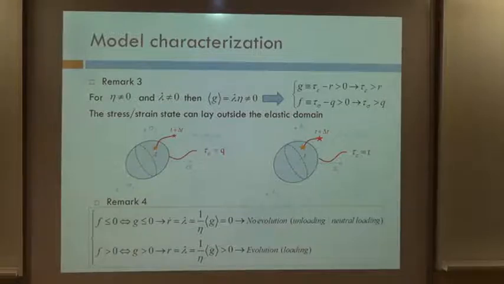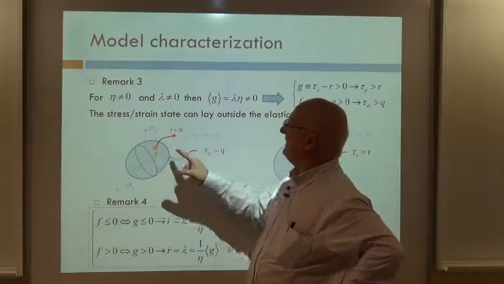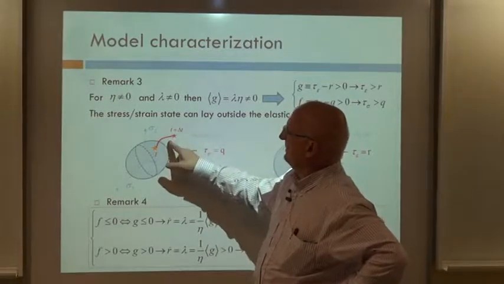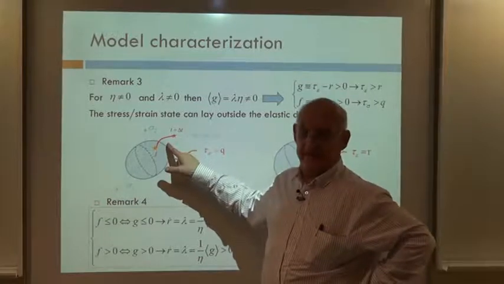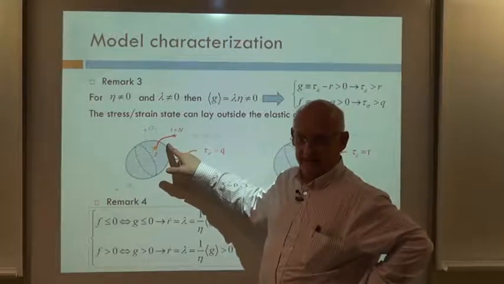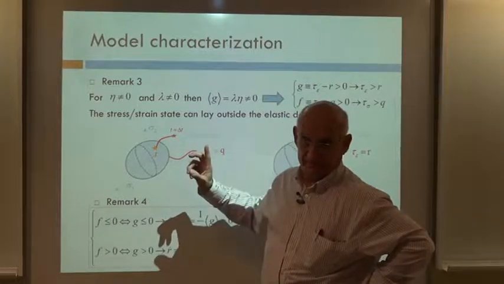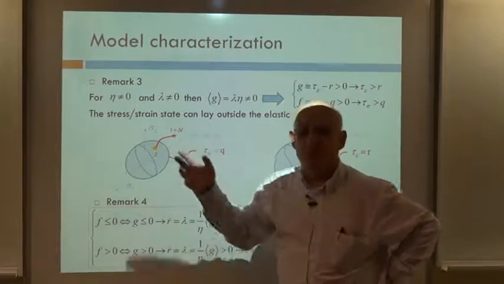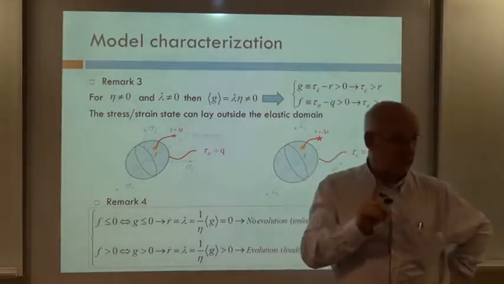That's important. For instance, look, in the implicit case, we said that no point in the stress space can lie outside the elastic domain. Okay? And that came from the fact that lambda G equal to 0, or G is smaller than 0. But here, this cannot hold anymore.